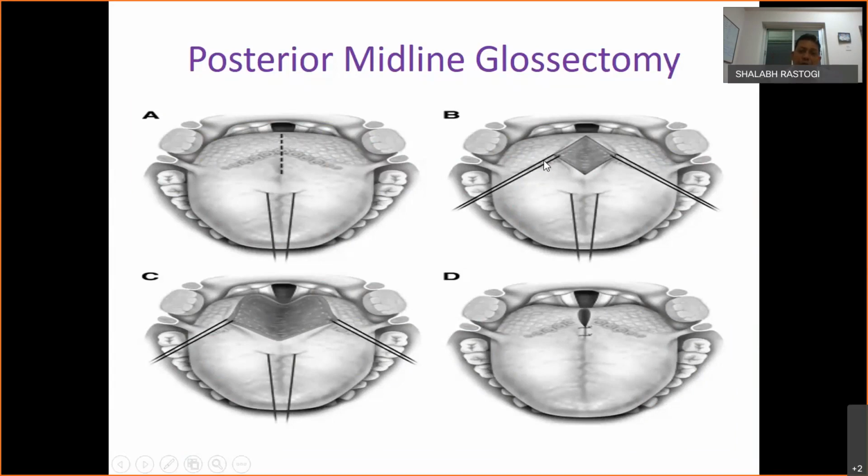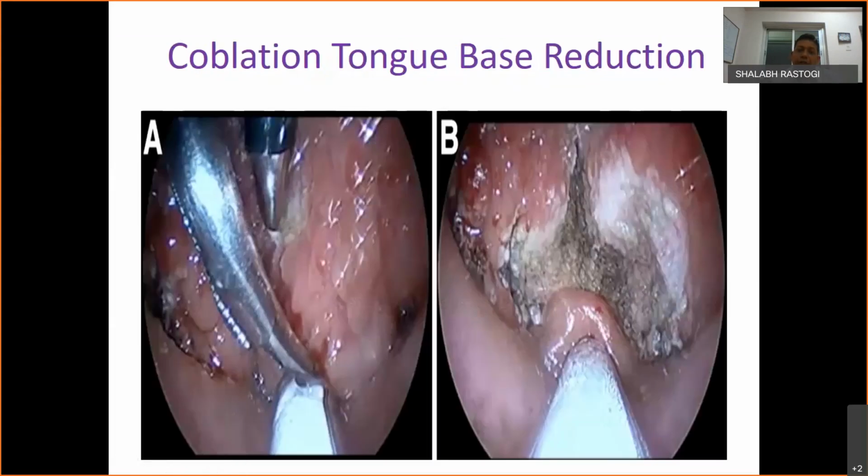So we can take out tissue around the midline. We can go up to 1 centimeter from the midline and take out the mucosa, submucosa and part of the muscle and stitch it in the midline. We can also reduce the tongue base, especially the lingual tonsil, with radiofrequency.